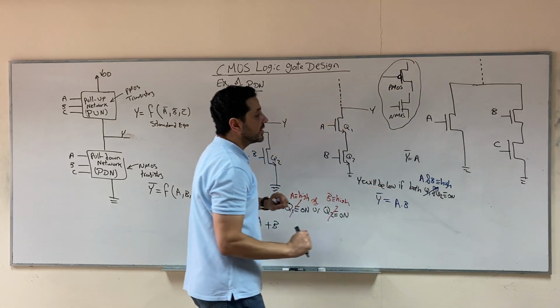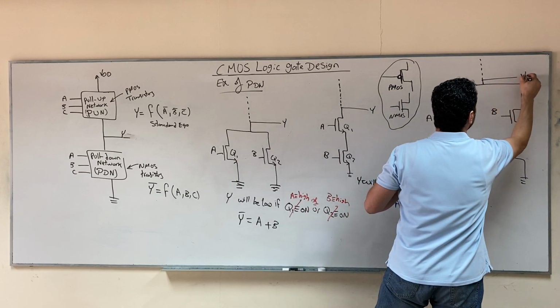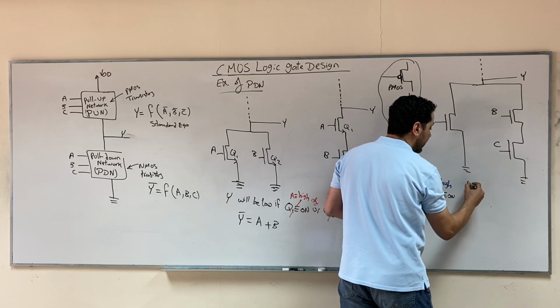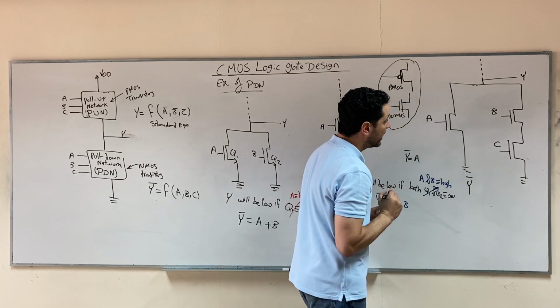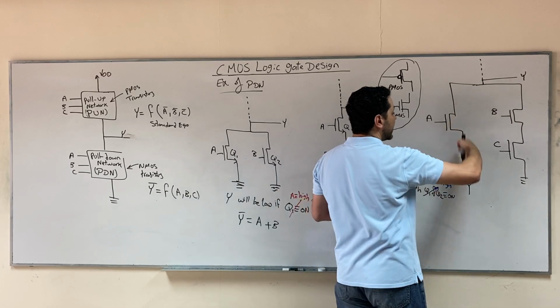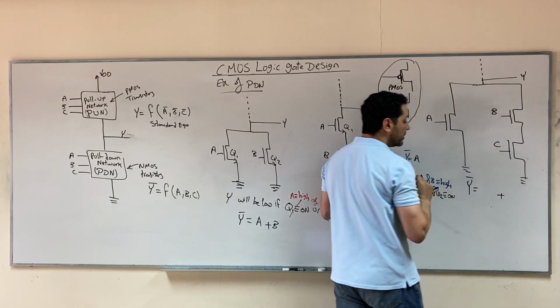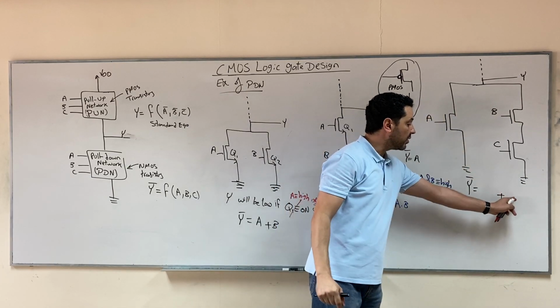So now we have this pull down network, and we want to write an equation for the output Y. The output Y will be low, so Y bar, if this branch is on or this branch is on. Since we have two parallel branches, we have OR operation.